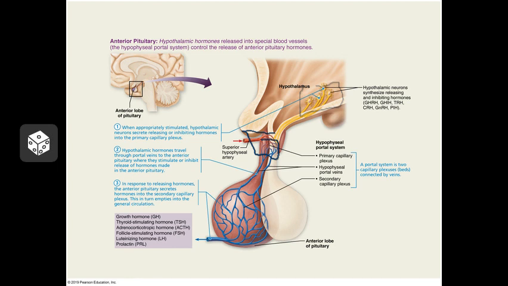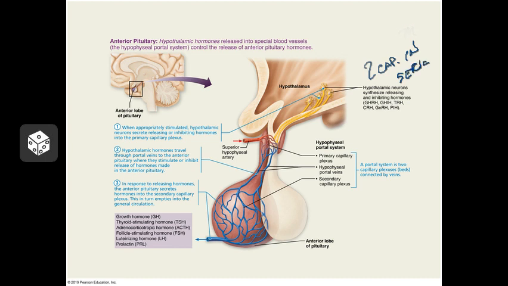And from there, those hormones follow a path through a connecting vessel to a second capillary bed. This is an example of a portal system. We'll see 3 of these in all in A&P II. A portal system is 2 capillary beds in series, one after the other.